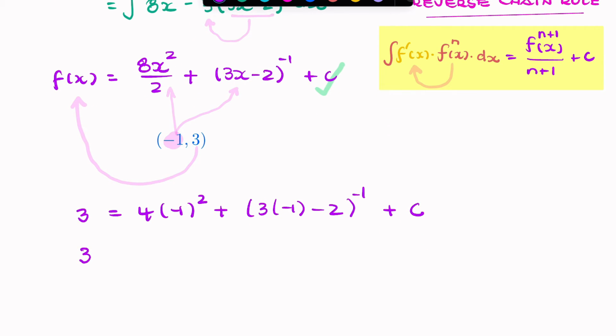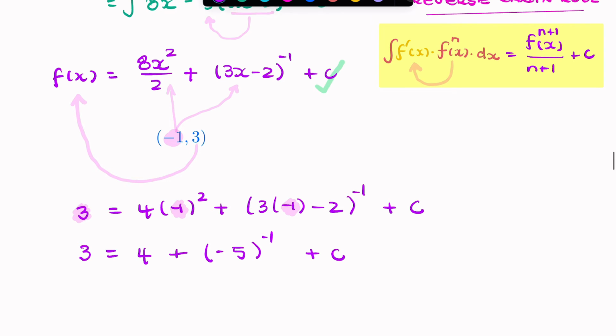All I've done is replace x with negative 1, so every instance of x is negative 1, and f of x with 3. So 3 equals 4 plus negative 3 minus 2 is minus 5 to the power minus 1 plus c.